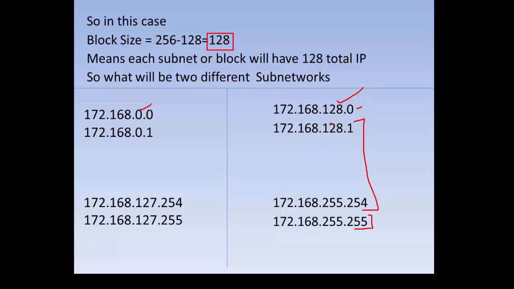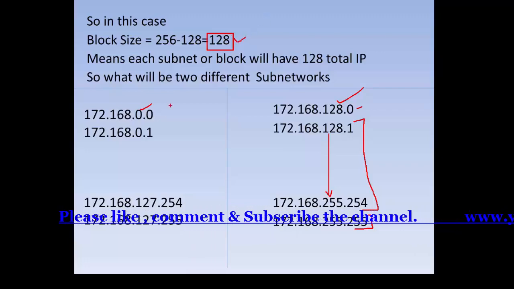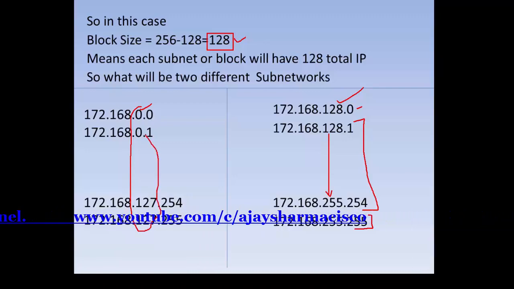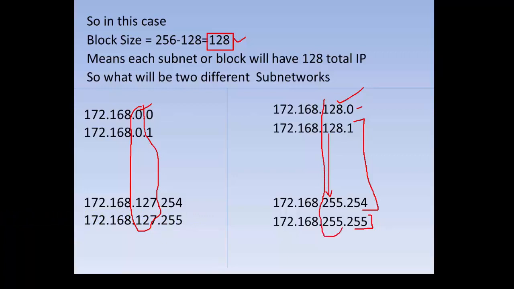You can see the variation of 128 coming into the third octet only. So you have to keep in mind which one is the interesting octet, as that defines our block size: 256 minus the value of the interesting octet. In this B class, the variation takes place in the third octet, so the block size has to be considered in the third octet only.